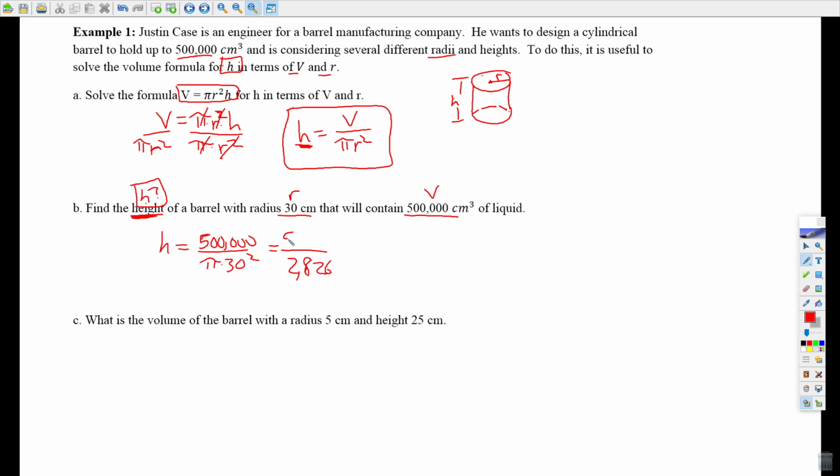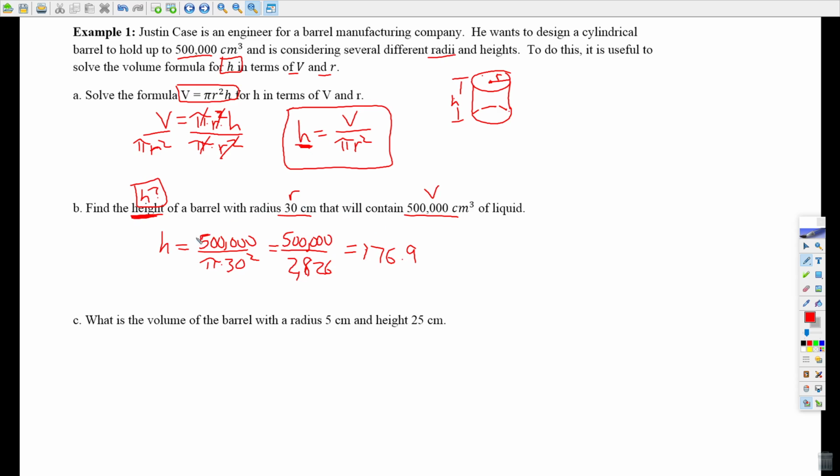And the top is 500,000. And then we divide. So 500,000 divided by 2,826. I got 176.9.